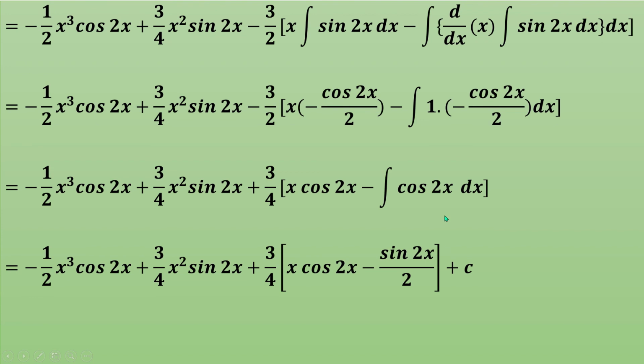Okay, but this equals sine 2x by 2 plus c, this is the arbitrary constant.